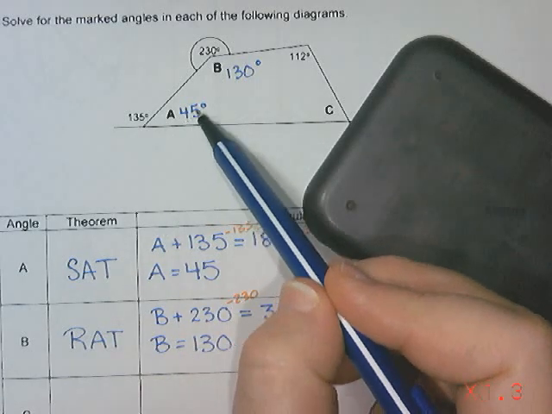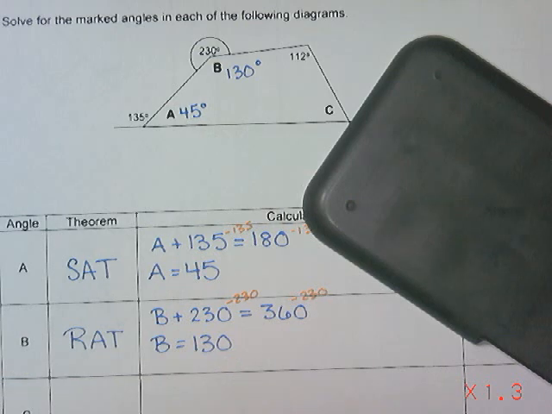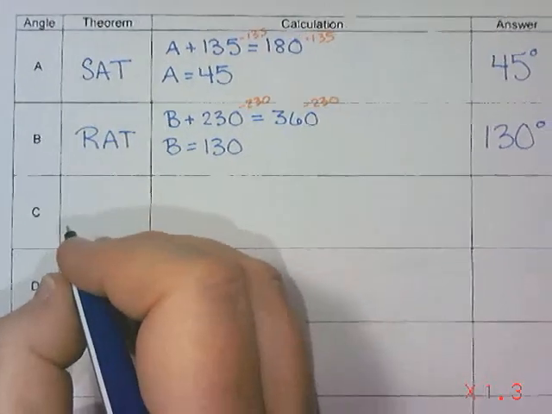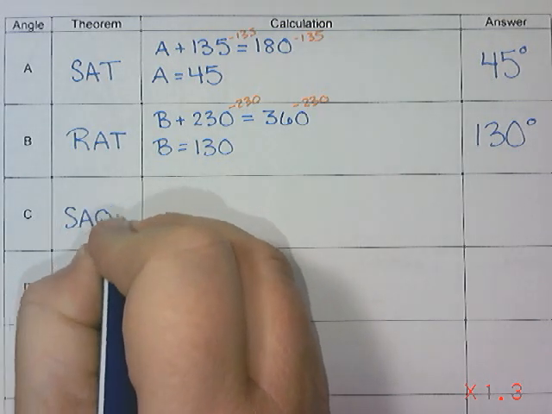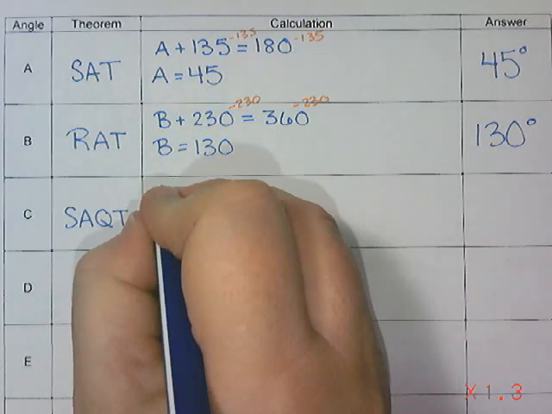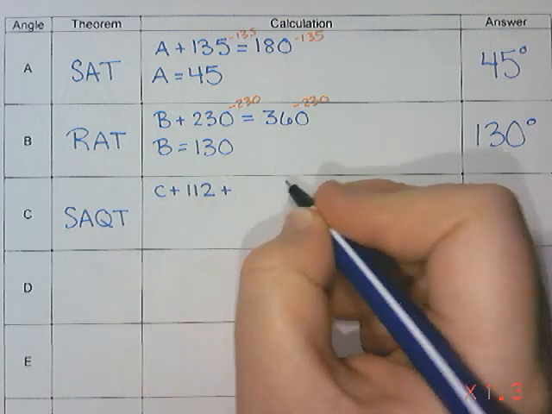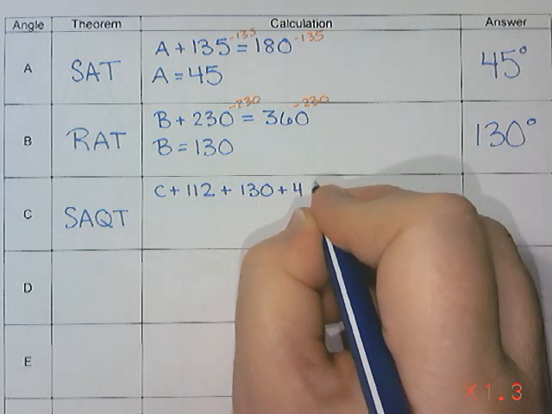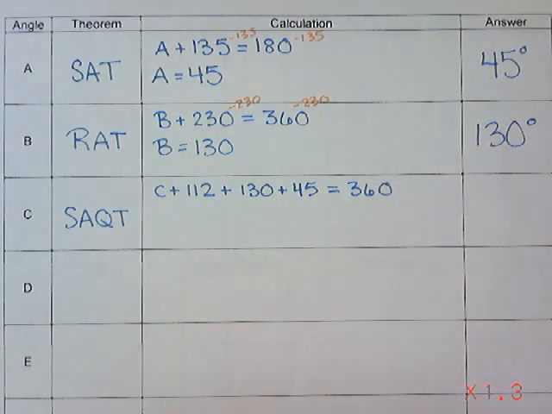So I can take these 4 angles, add them together, and make them equal 360 degrees. So I'm going to write for C that I'm using SAQT, and that C plus 112 plus B, which is 130, plus A, which is 45, all together make 360 degrees.